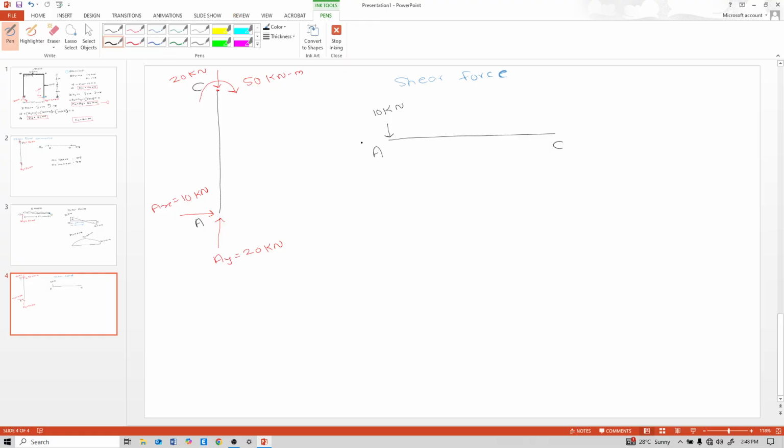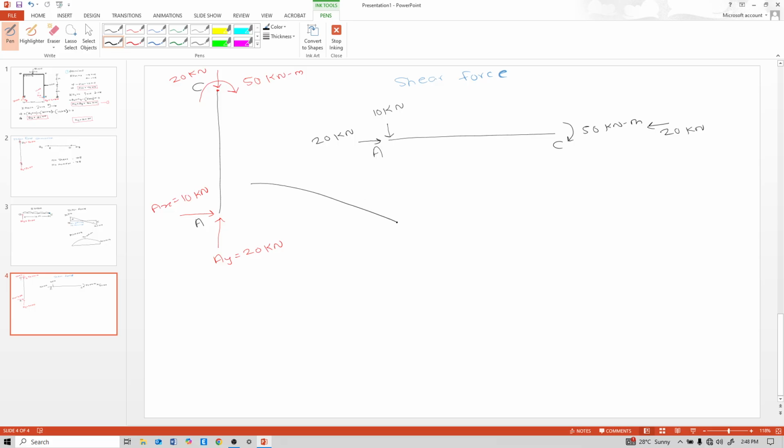So 10 kilonewton, here 20 kilonewton X. Here a moment of 50 kilonewton meter is generated, and this is the axial reaction, 20 kilonewton.